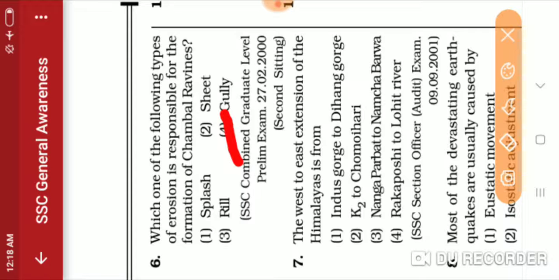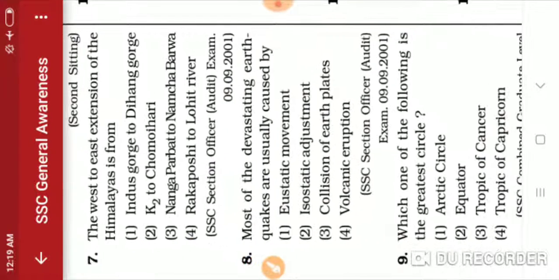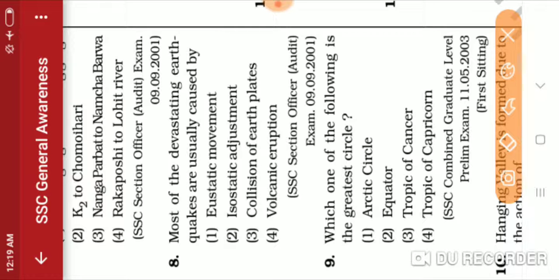Next question. The west to east extension of the Himalaya is from Indus to Dihang. Yes, correct. Next question.